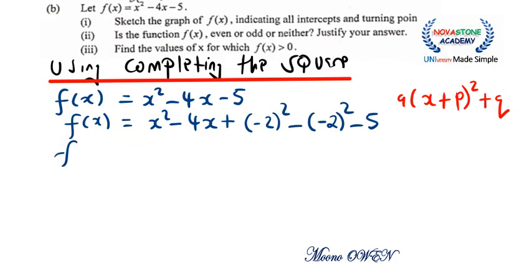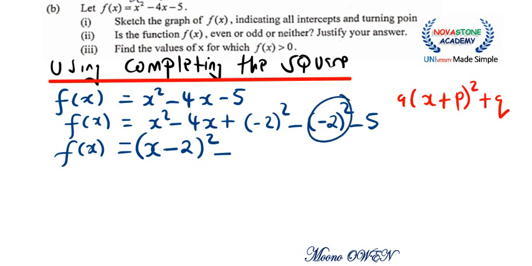So therefore my f of x in this case will be equals to x minus 2, then I'm going to square this because they're squares. Therefore now I've got the minus here, then there is this part, -2 squared. Now -2 squared gives me a positive 4.